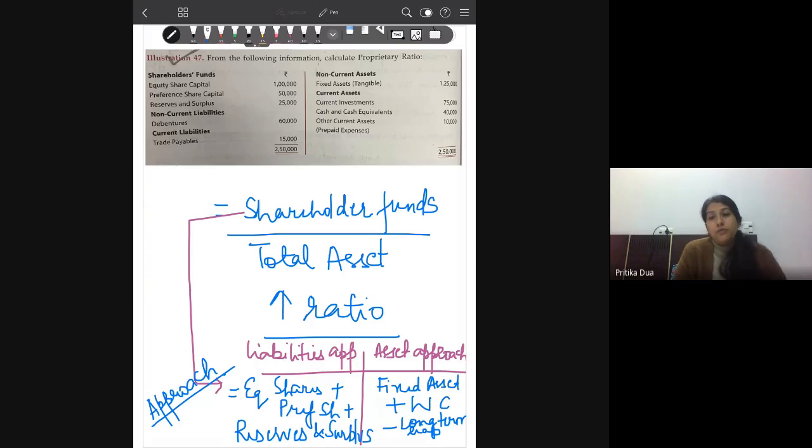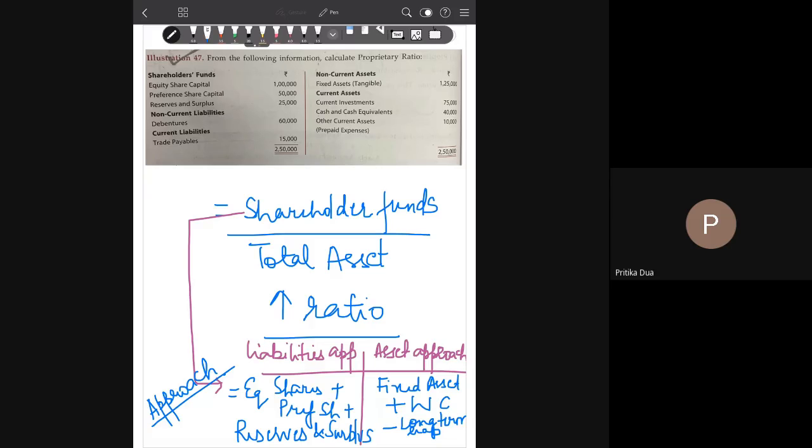But अगर आपको ये information नहीं दी हुई question में, तो एसेट साइड अप्रोच में फिक्स्ड एसेट्स प्लस वर्किंग कैपिटल इज करंट एसेट minus current liability plus minus any long term liability by the firm. So if you check under both the approaches, you will get the same answer. Shareholder funds आपके same आएंगे.